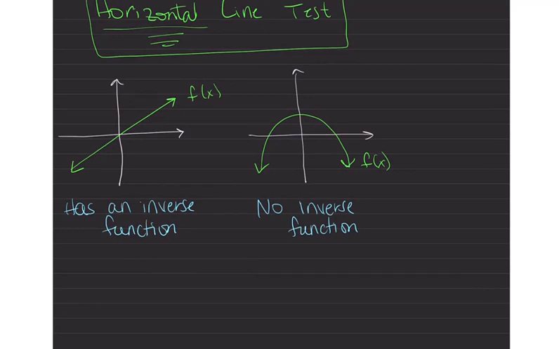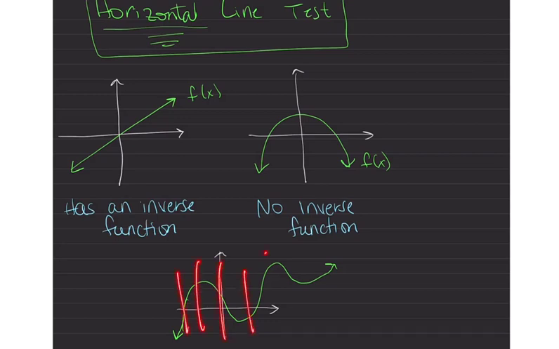Want to try one more? I'll go a little squiggly. Woo! That one looks like fun, doesn't it? Right? We know it's a function because it passes the vertical line test. Right? Oh, so we knew this was our function. So we want to know if the inverse is a function.